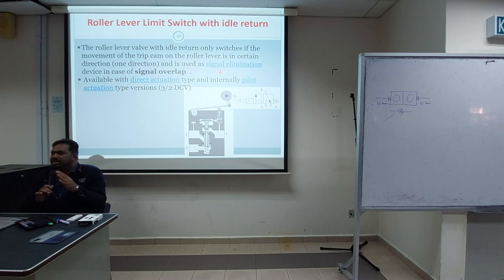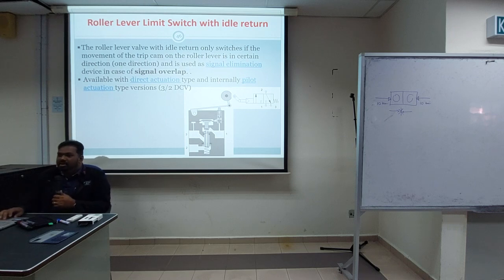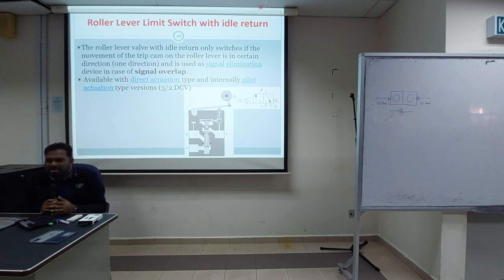There are many signal elimination methods that you will learn. One is the classical method we use, roller lever limit switch with idle return. Then there are the cascading method and the step counter method. Every year there are questions on them. Cascading method and step counter method, because that is the main thing for designing your circuit.